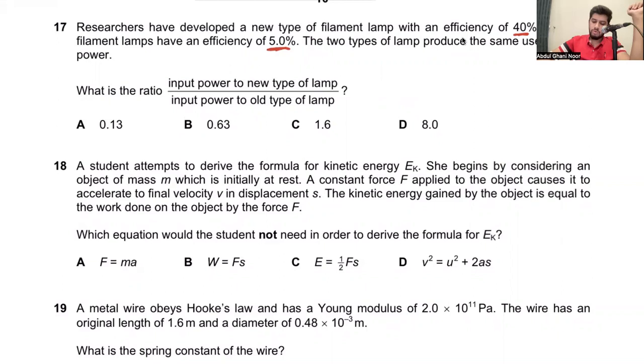So I know input of the new lamp, let's call that Pn. And since it's 40% efficient, P in multiplied by 40 upon 100 is equal to the output power. And this is for the new lamp. So I can write this as P out into 100 divided by 40, 2.5.